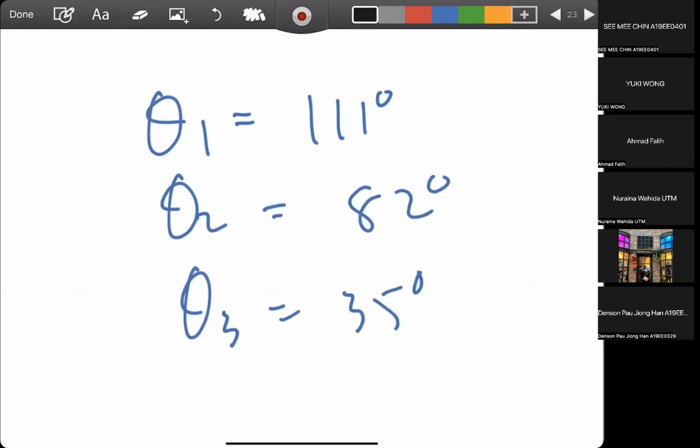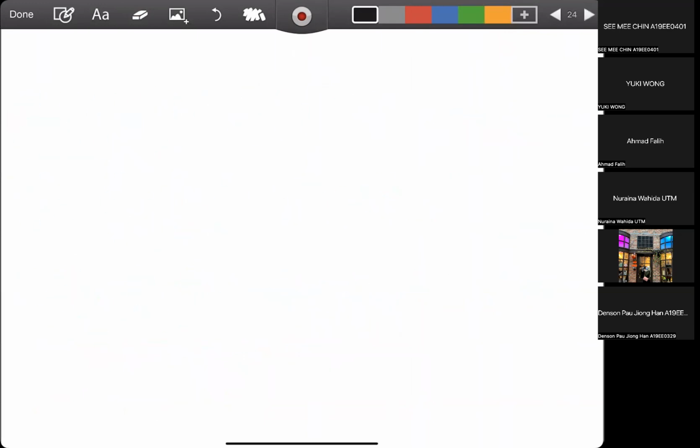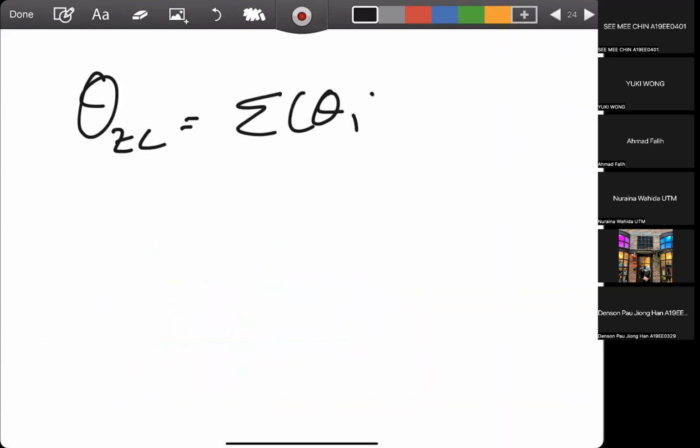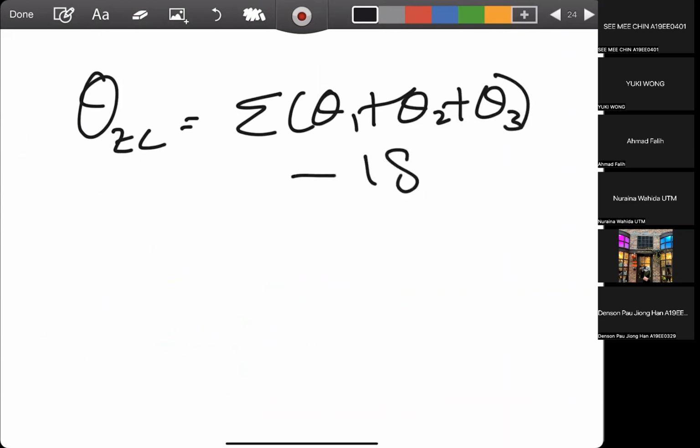Right, so di situ kalau kita kira, theta ZC is equal to the summation of theta 1 and theta 3 minus 180 degrees.